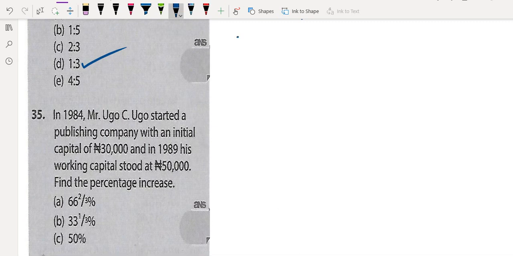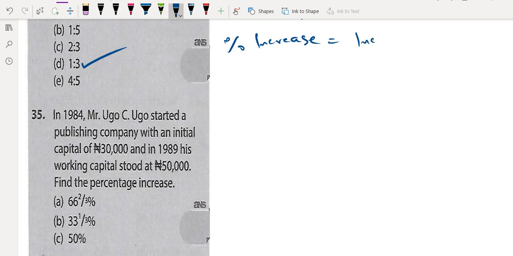How can I find percentage increase? The old amount is 30,000, new amount is 50,000. New amount minus old amount over old amount times 100.